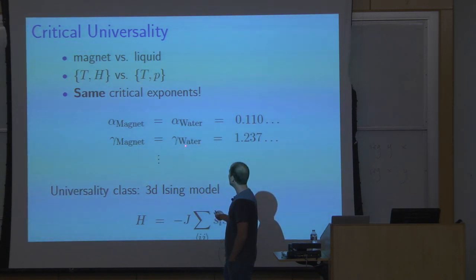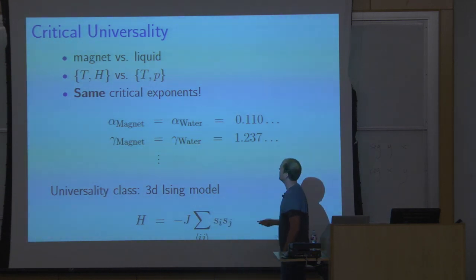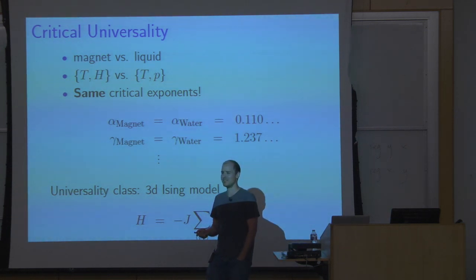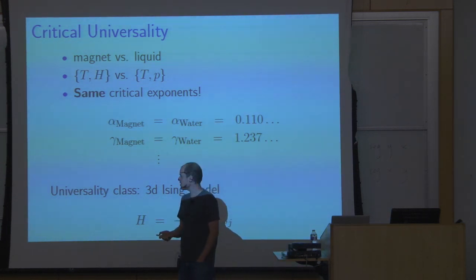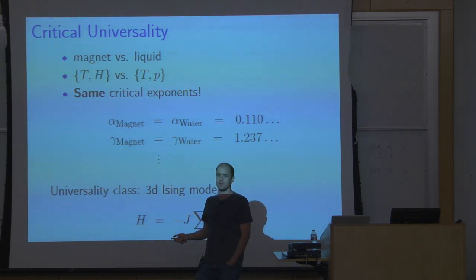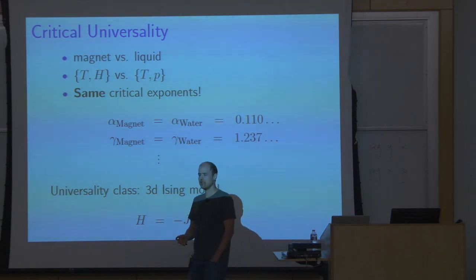Now, to people taking physics classes and not playing around with magnets and boiling water, there's an even more famous example of a system that displays these numbers, which is the 3D Ising model. So this is something that you learn about probably in a thermodynamics class. The 3D Ising model is a system of spins.